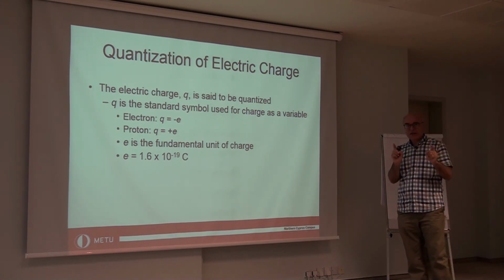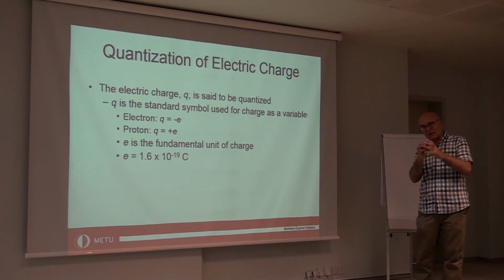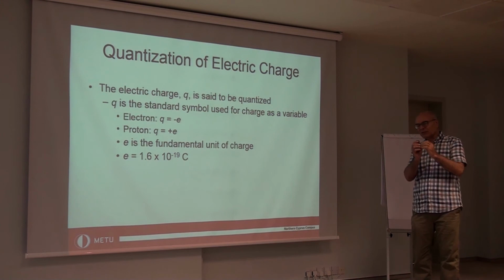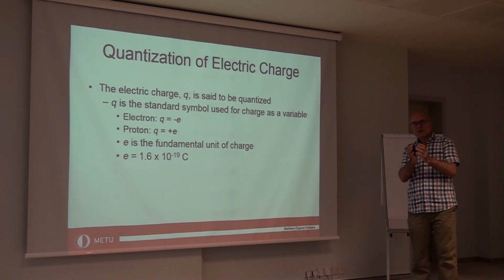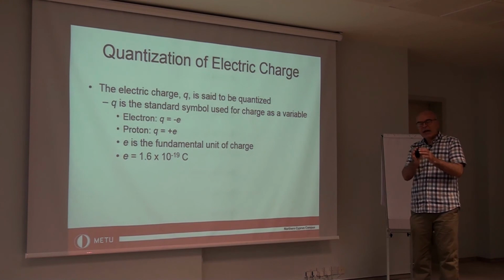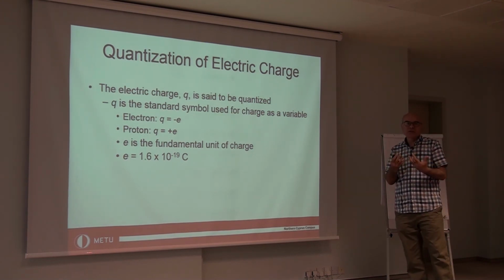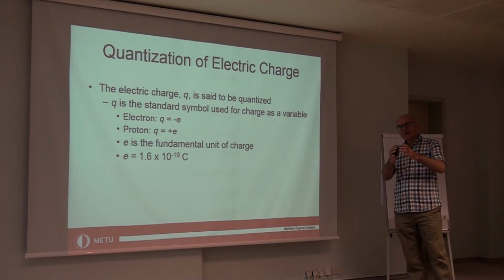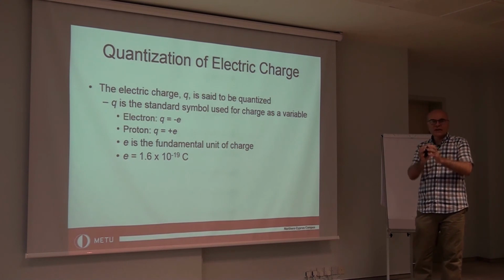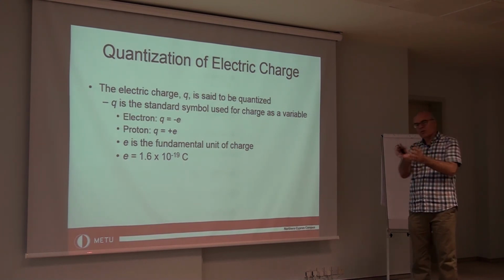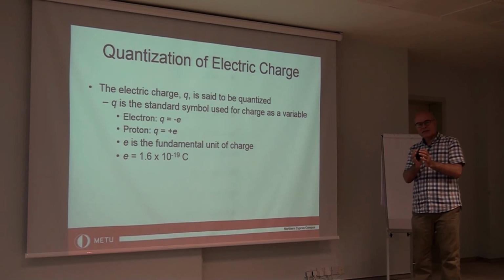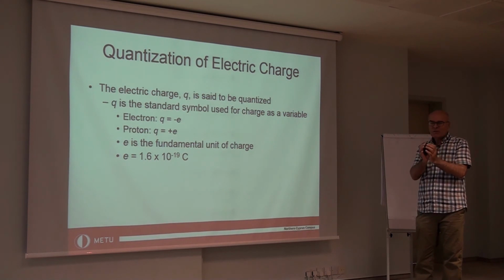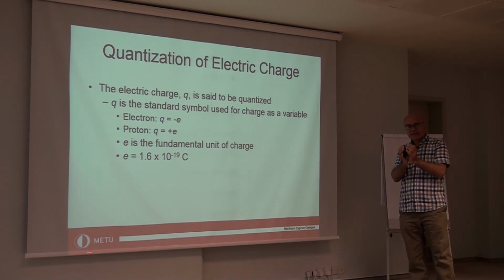I'm saying this as a parenthesis: quarks, which are the constituents of protons, for example, can have a fraction of this charge, but we have never observed a free quark, and our knowledge up to date says that quarks cannot exist as free particles. They come in groups of 2 or 3 that form protons or similar objects. So this is why we say that the smallest observable charge by a free particle is actually this E.